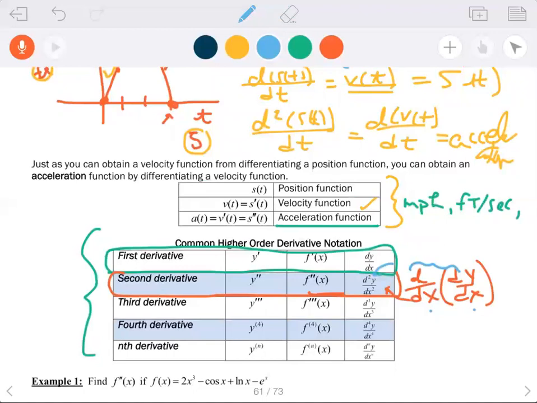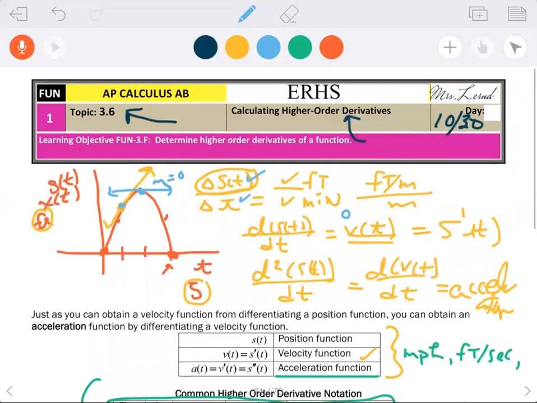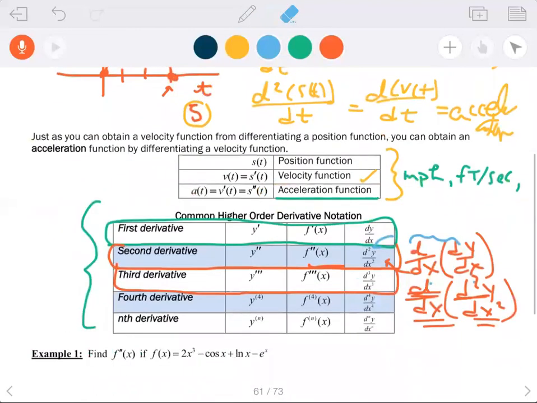The third derivative is y triple prime, or f triple prime of x, or we could say it's the derivative of the second derivative. And you'll notice I do get that d3y over dx cubed. That can go on forever, so usually we don't take it past the fourth derivative.